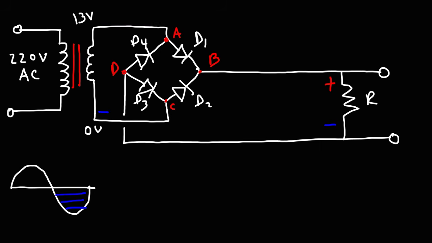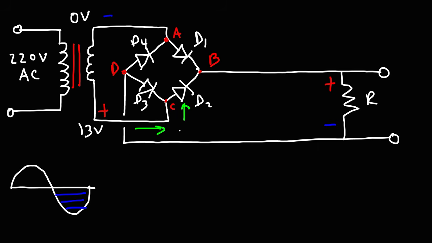So it's going to be negative at the top, positive at the bottom. So this is going to be a plus, and this is going to be a minus. So the potentials will change. So the negative side, we're going to assign it a potential of 0, and the positive side, a potential of 13. So current is going to flow from the positive terminal to point C.